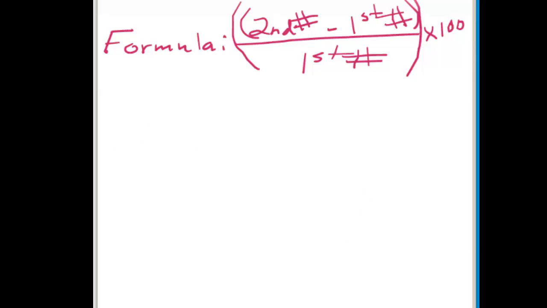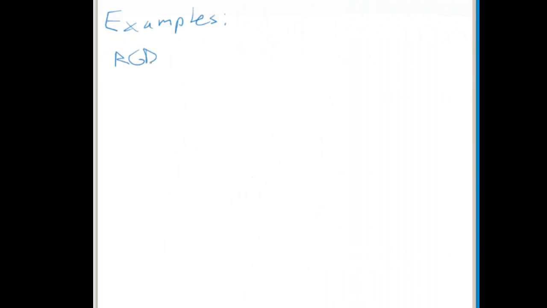Okay, let's do some examples. Real GDP per capita, concept that we'll use quite a bit in this class. We're going to see what the change in real GDP per capita was from 2011 for the US to 2012. Real GDP per capita for the US in 2011 was $42,620.